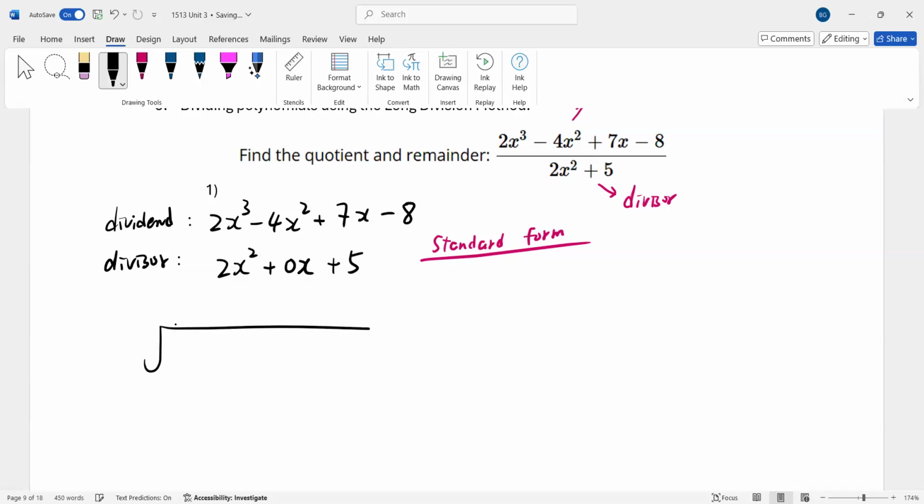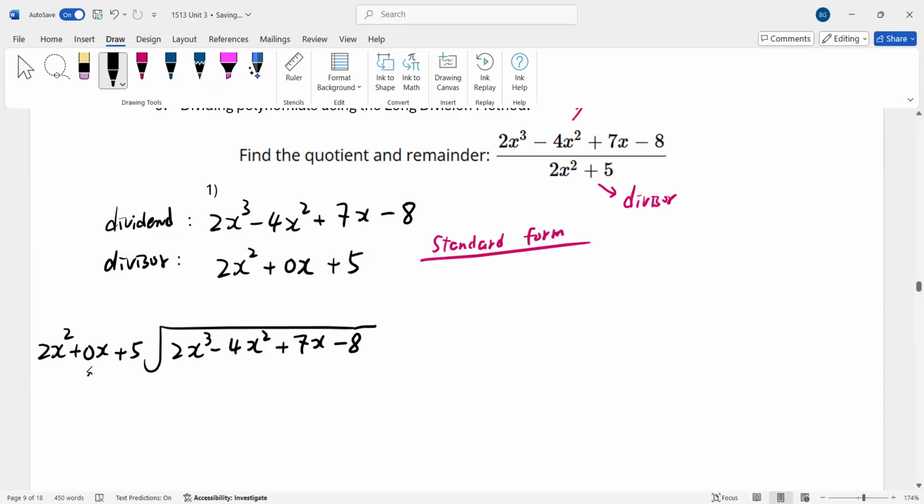We're going to put the dividend under the division symbol. This is also a division symbol, okay? It's different from the radical symbol. Radical symbol looks like that. It's a little bit different. So we're gonna put the standard form of dividend under the roof: 2x cubed minus 4x squared plus 7x minus 8. And we're going to put the standard form of the divisor to the left, next to the symbol, which is 2x squared plus 0x plus 5.